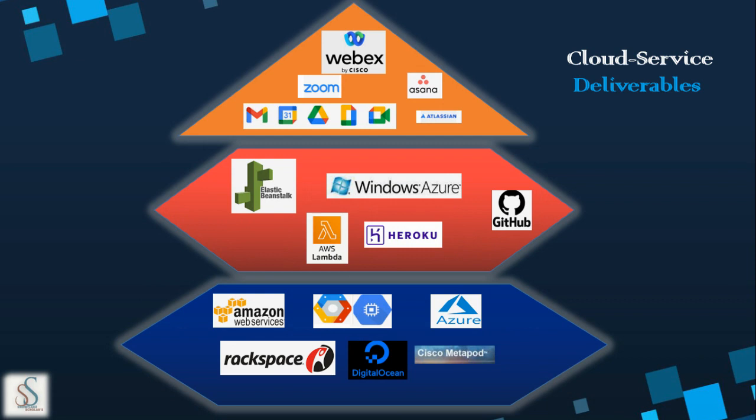And Asana is a Jira-like manager where you can build and manage tasks. These are a few cloud service offerings. Since cloud providers are delivering you these services, they are called cloud service deliverables. Hope I'm clear.